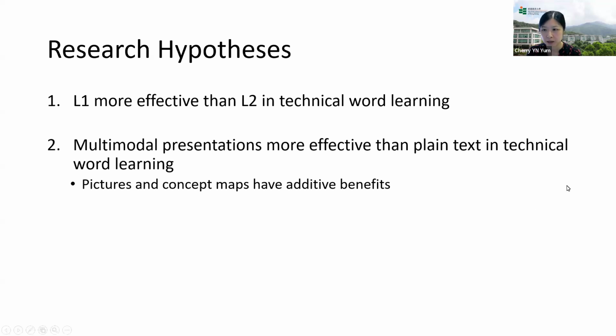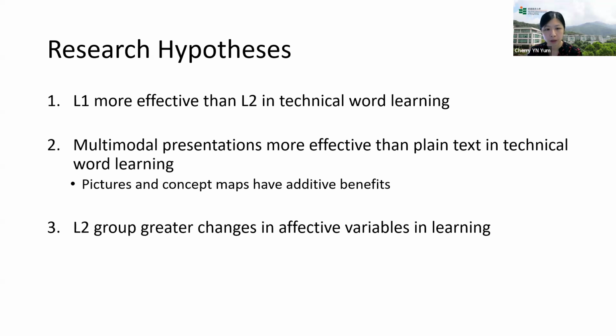And because they should target different aspects of memory and learning, we predicted that they may have additive benefits. And thirdly, we believe that the L2 group may see greater changes in their affective variables in learning because they may not interact with the concept directly through text, but instead may rely on multimodal materials to help with the lower language processing efficiency.